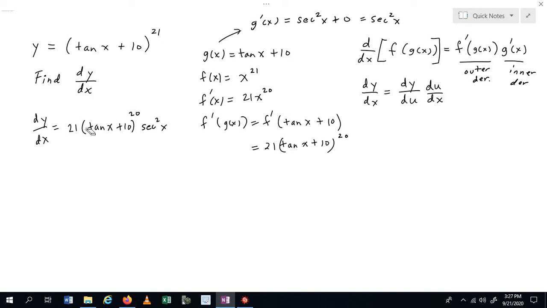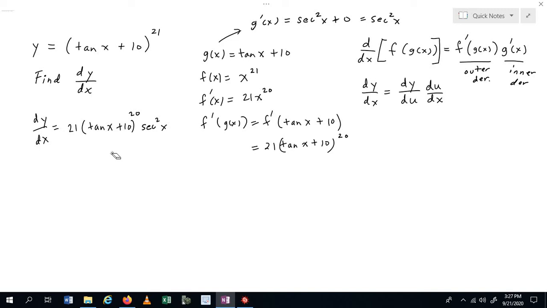So it's 21 times this function raised to the 20th power. So you subtract 1 from the power. And that's exactly what happened. Then you take the derivative of this inside function and you multiply by that. And of course, the derivative of this function is secant squared.